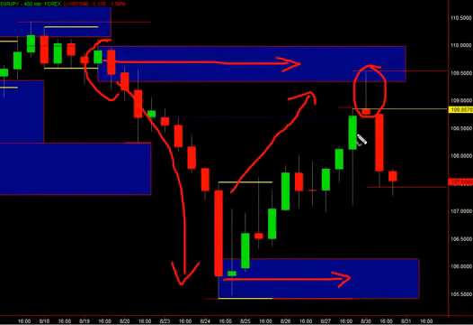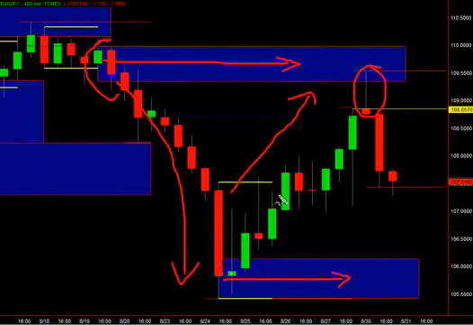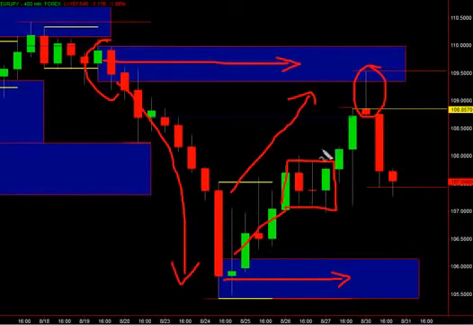Now on this move up, we can see it was in two stages. We've got a push up, a little bit rough around the edges as you can see from the spikes on our chart, a pause, and then another push up in price. But look where price is stopping. We've effectively got a two-stage move up to that resistance level.